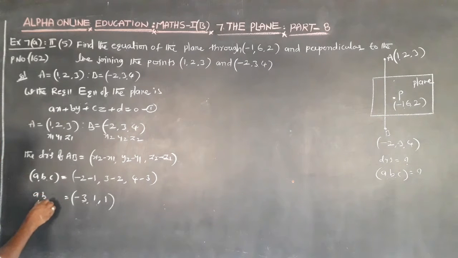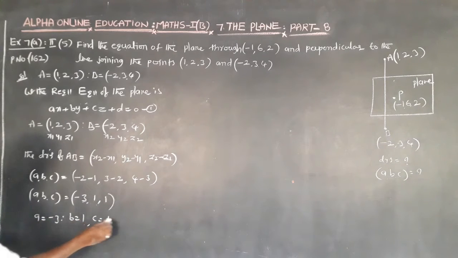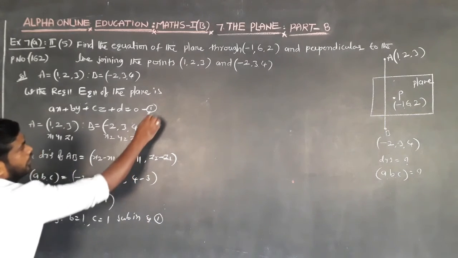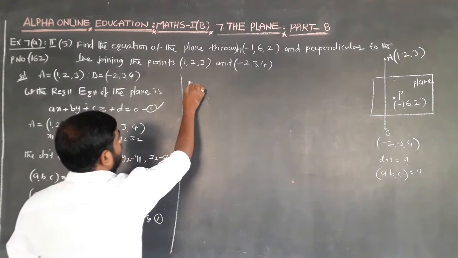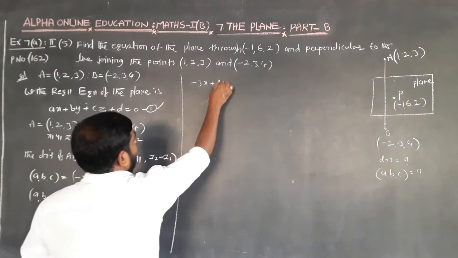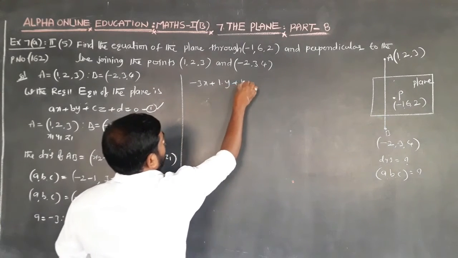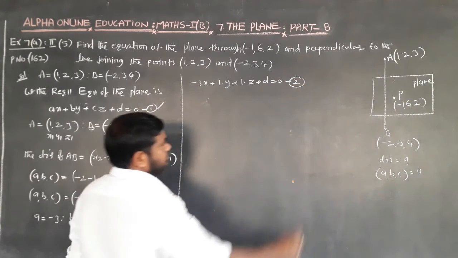So a, b, c is equal to -3, 1, 1. A equals -3, B equals 1, C equals 1. Substitute in equation number 1: -3 times x plus 1 times y plus 1 times z plus d equal to 0.